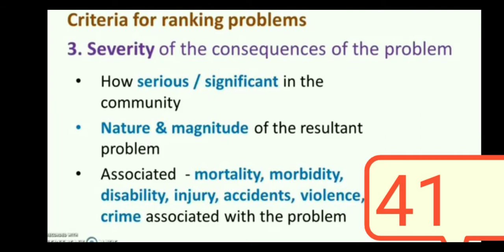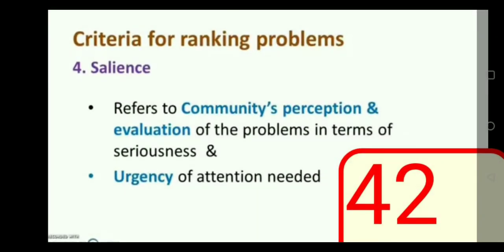So these are the things we will be checking under the severity of consequences of the problem. We will see how serious it was, the nature, characteristic, magnitude, and the associated death rate, disease rate, disability rate, and how extensive the injury was, in the third point.